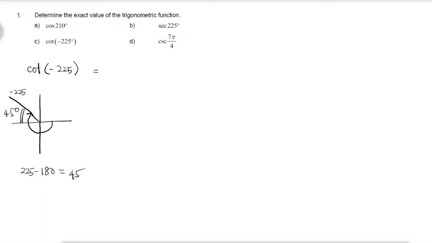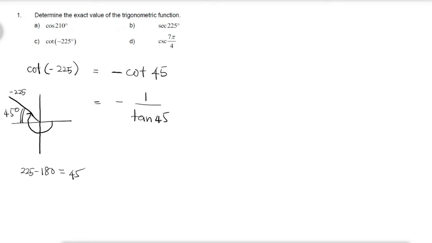Meaning that for this cot negative 225, we can also find cot 45. But again, remember this is quadrant 2. For quadrant 2, the cotangent will be negative. So we are looking for negative cotangent 45, also negative 1 over tangent 45.